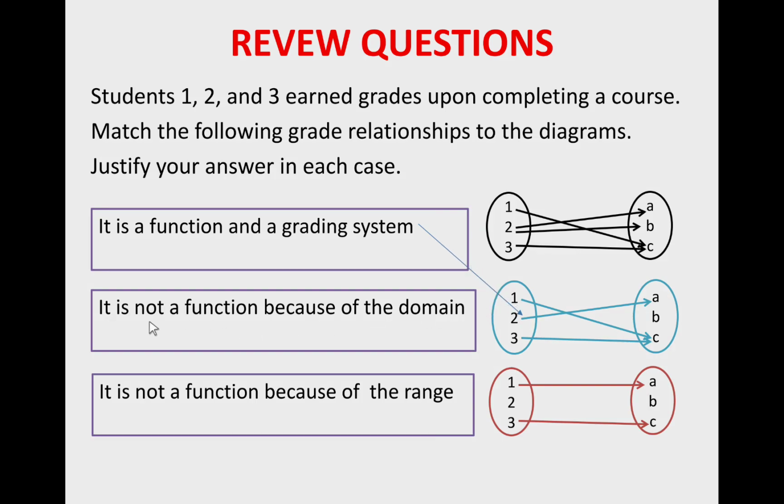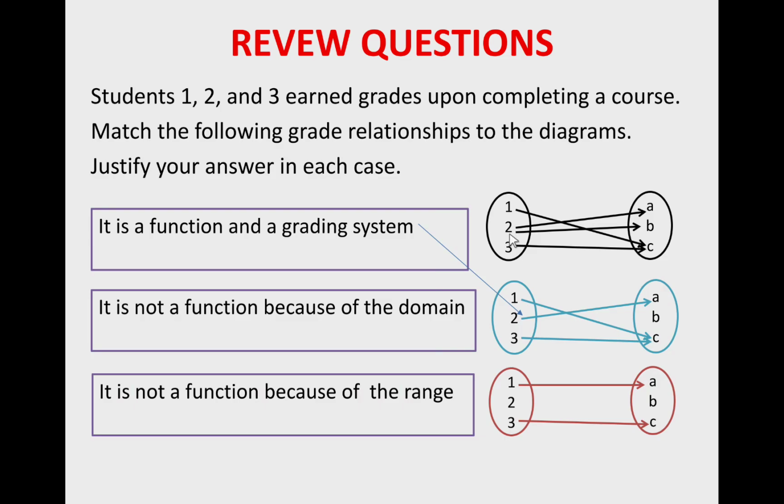So now we have mapped this as a function. Let's move to the second one. It is not a function because of the domain. That means a problem in the domain. Let's check the black one. The black one, it's not a function. Is it because of the domain? The condition for the domain is that every element in the domain must be mapped. And every element of the domain is mapped. So this is not the condition that we're looking for.